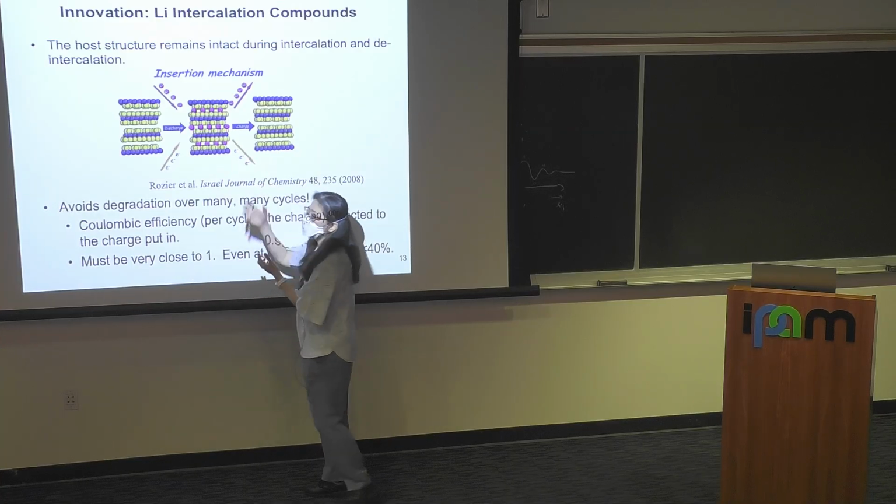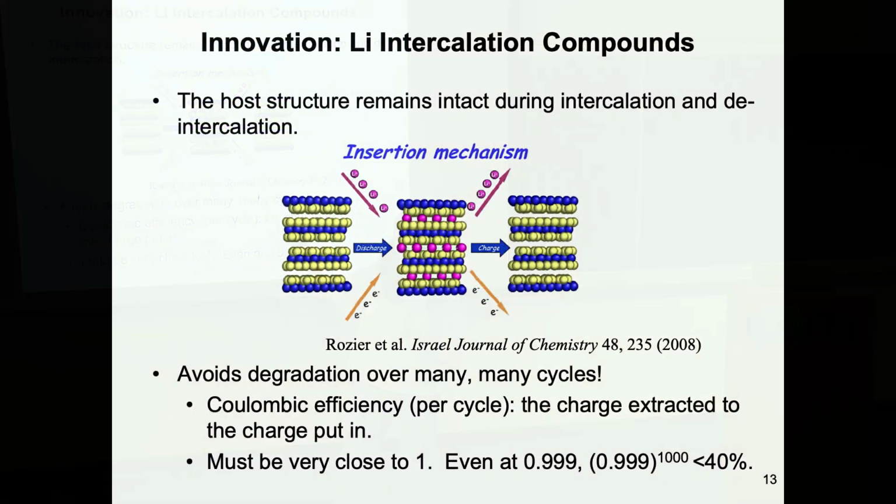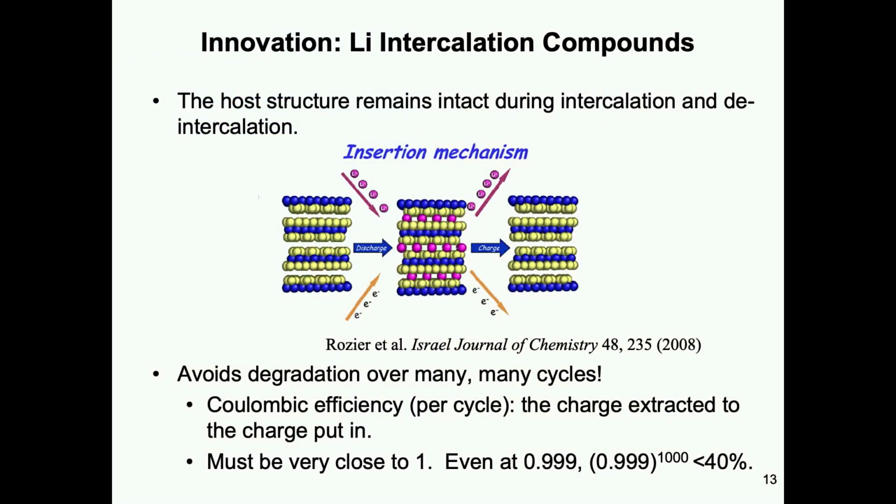And when you charge it, you put in electric potential to get the lithium out of it to the other side of the battery, which is the anode, usually made of graphite, another intercalation compound, to be ready for you to use the energy again.